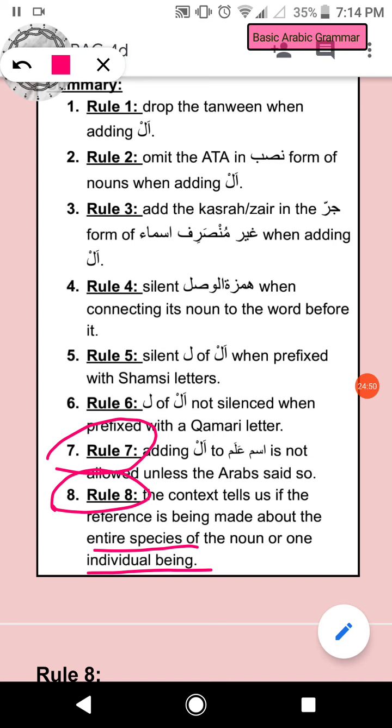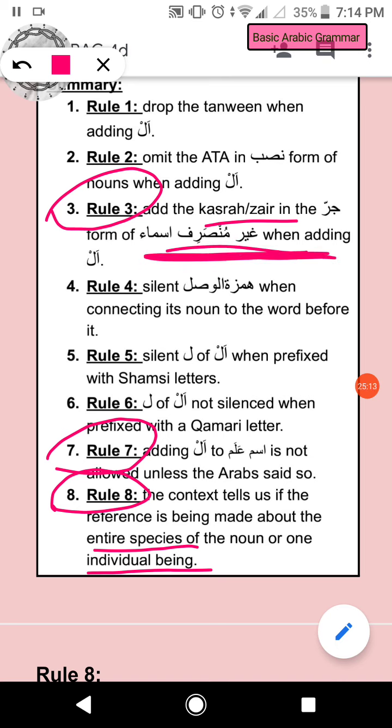So al-yadd does not exist, because it doesn't make any sense. But al hasanu or ar-rajul does exist because of the Arabs' language and their rules. Then the final rule was about adding the kasra in the jar form of ghair munsarif asma when adding al. So we studied this. If the word is masajidu, masajida, masajida, then it becomes al masajidu, al masajida, al masajidi. Okay, this was our rule number 3.